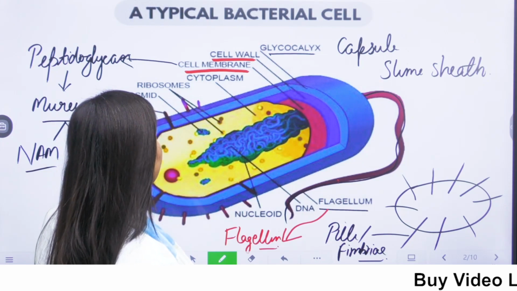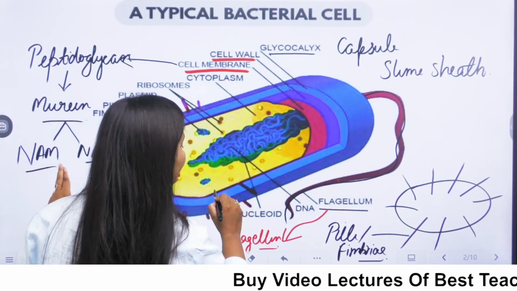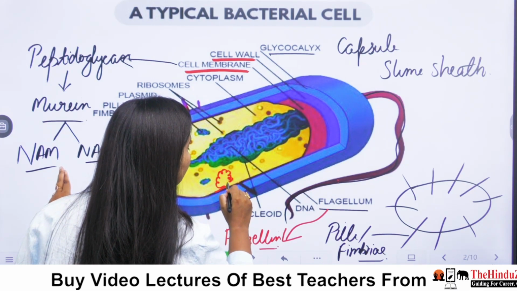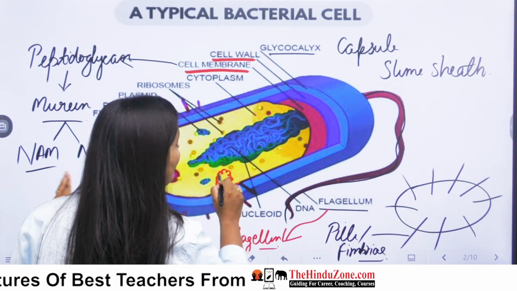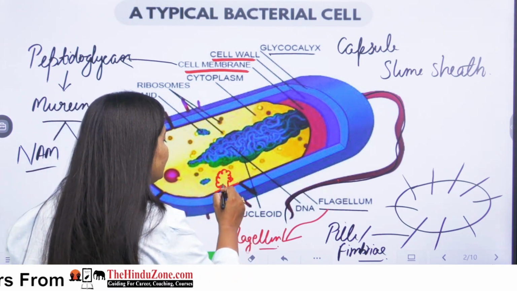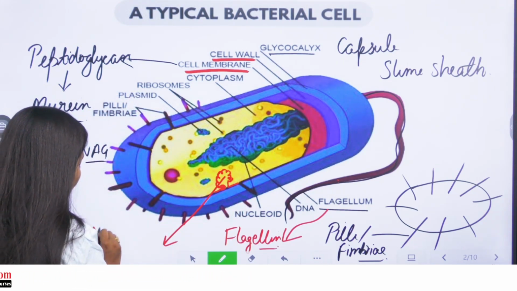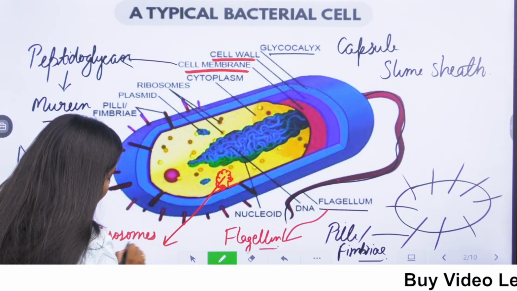Now, these bacterial cells, this is the cell membrane. Their cell membrane can protrude inside, as if trying to give some extra space to the cell, and these inward extensions are called mesosomes. What is a mesosome?